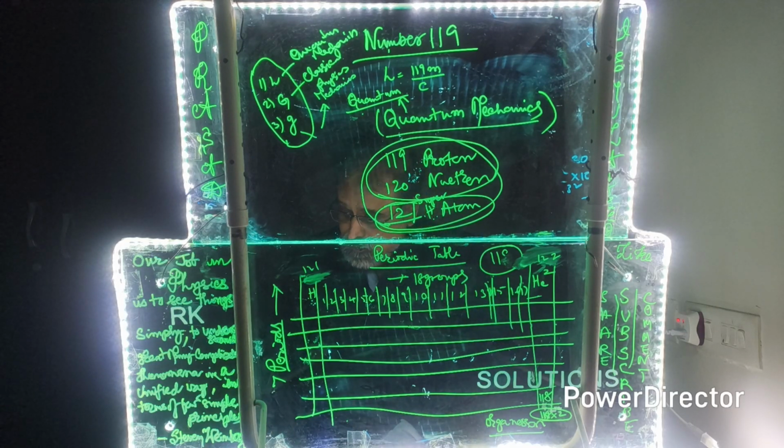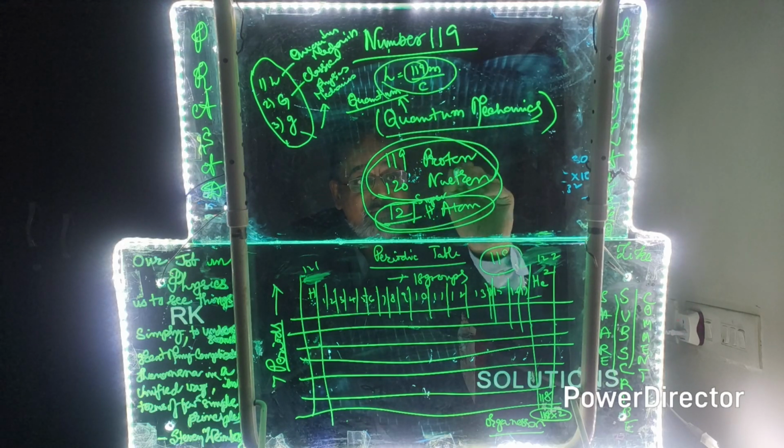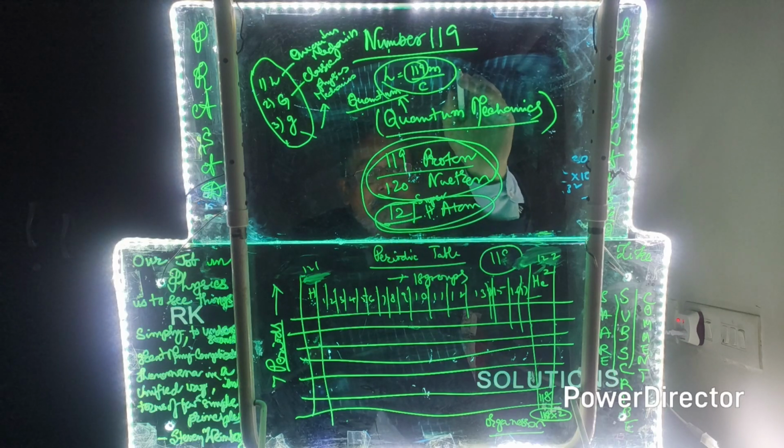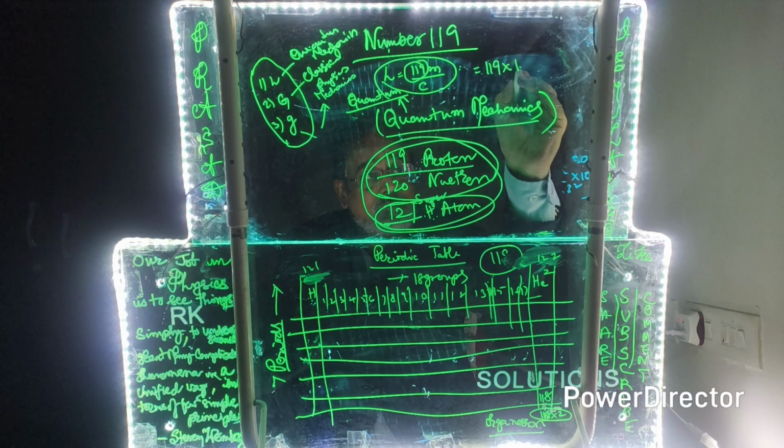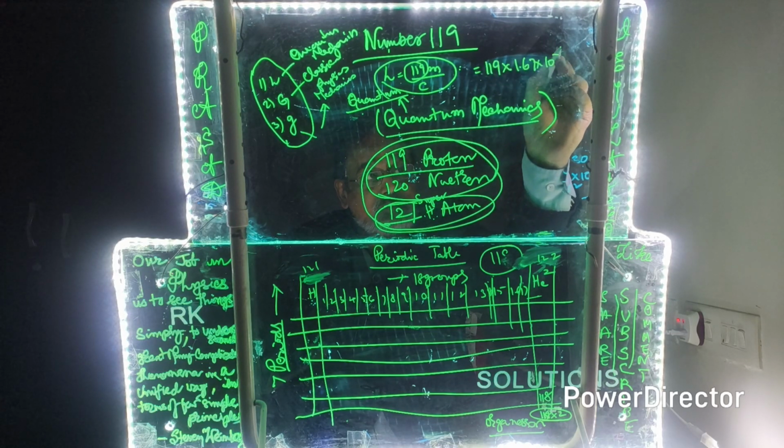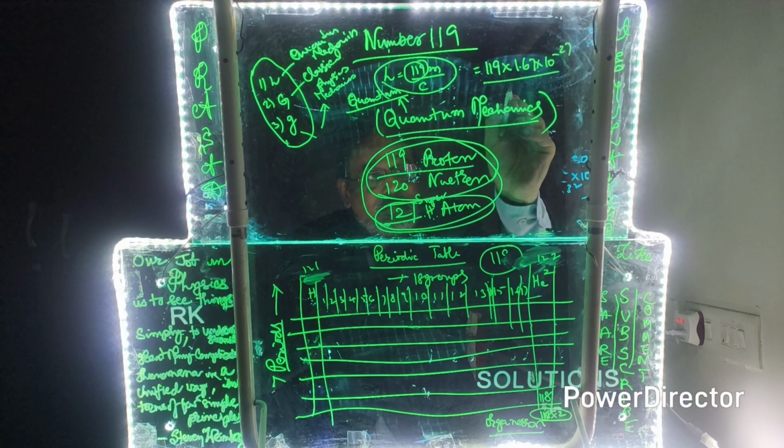Meaning, when we have this 119 here, this is like the proton, which is basically 119 into 1.67 into 10 raised to minus 27 divided by 3 into 10 raised to 8.